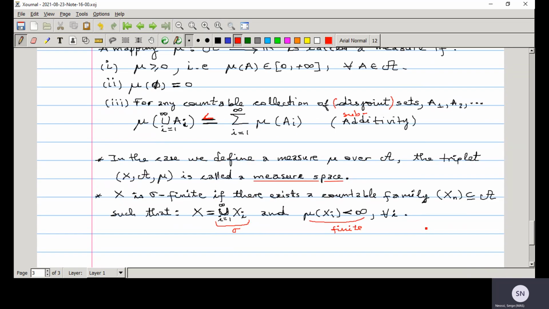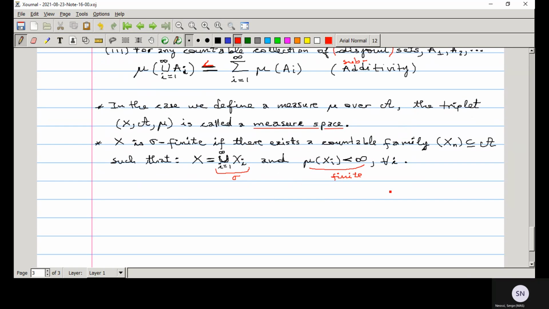Okay, so I would just add another important definition that is usually used.